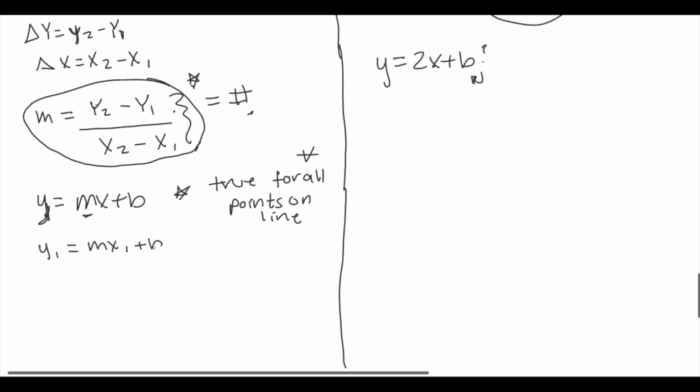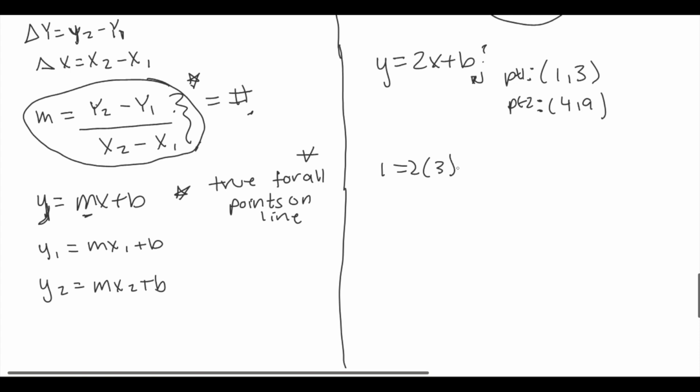And so we can go over here. Let's rewrite point 1 and point 2. Then we can see that 3 equals 2 times 1 plus b.